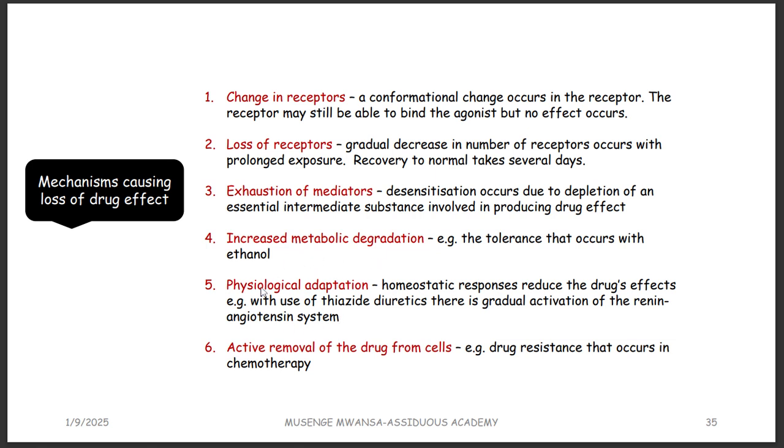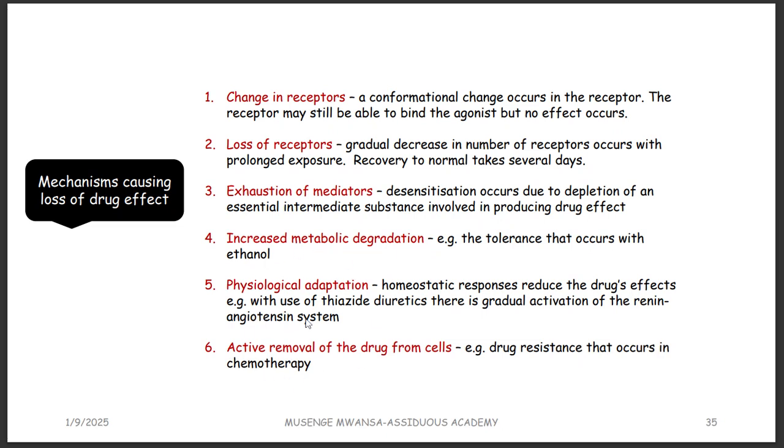There can also be physiological adaptation, for example a homeostatic response that reduces the drug's effect. When we use thiazide diuretics, drugs that help us remove water from the body by urinating, there is gradual activation of the renin angiotensin system. Once you start losing a lot of water, the body starts telling itself, you have lost enough water, so don't lose water anymore, by activating the renin angiotensin system.